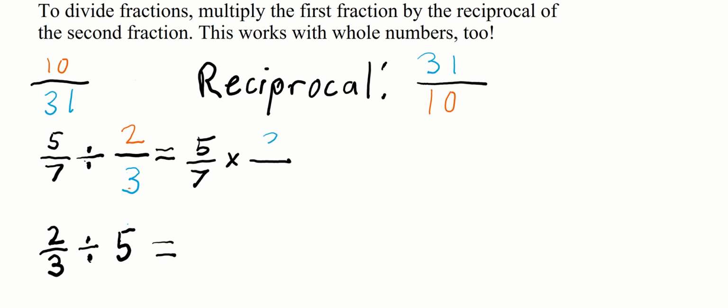So I have 3 here and 2 there. So 5/7 divided by 2/3 is equal to 5/7 multiplied by 3/2.